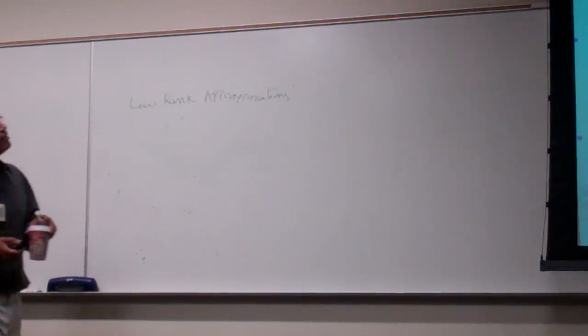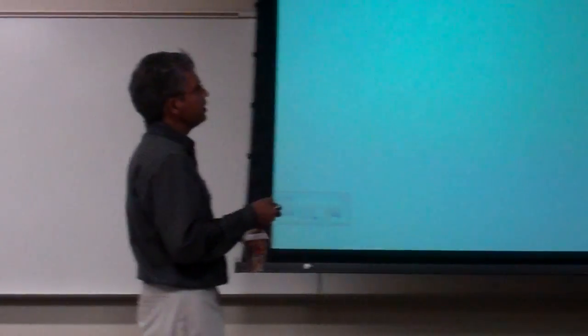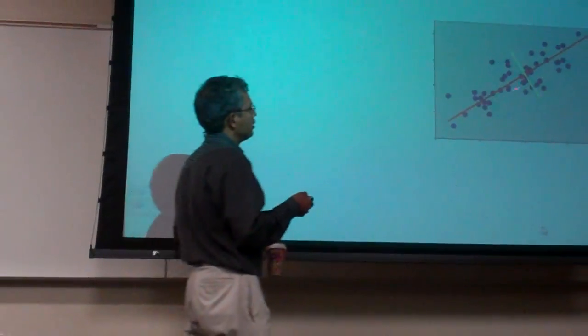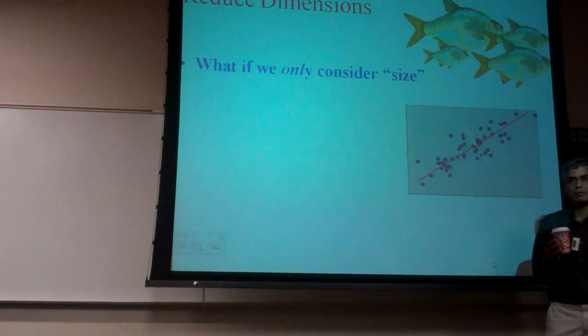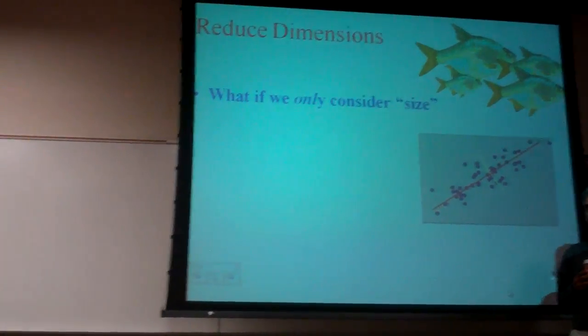Previous to this, we talked about the fish, and we talked about trying to reduce the dimensionality by looking for axes that capture the maximum variance, the next maximum variance, and so on.